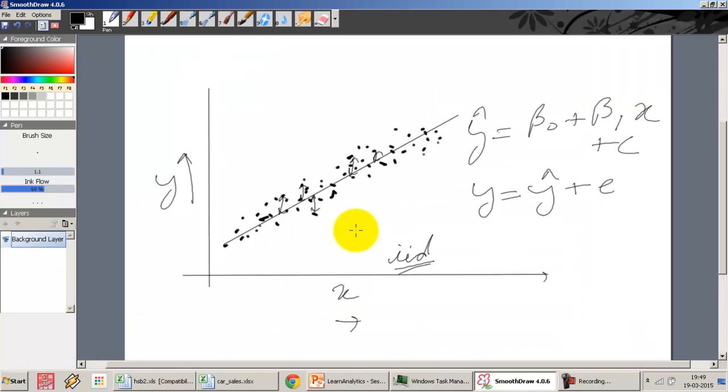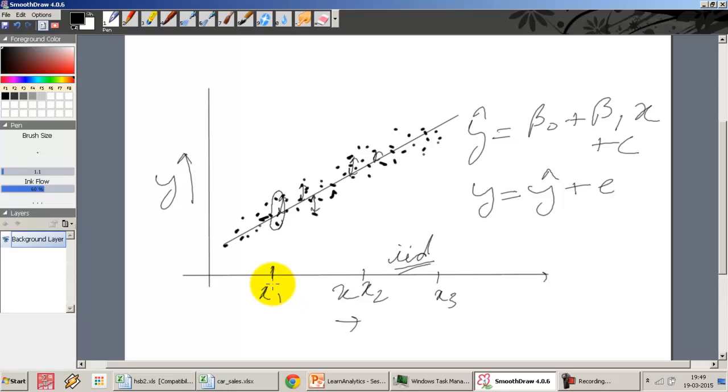So what this essentially means is that for any value of x, supposing I'm testing for a value of x1 over here, x2 over here, and let's say x3 over here. If I look at x at x1, the observed values of y range from this point till this point, and the mean value of y is obviously the value at the point where x intersects with the line.